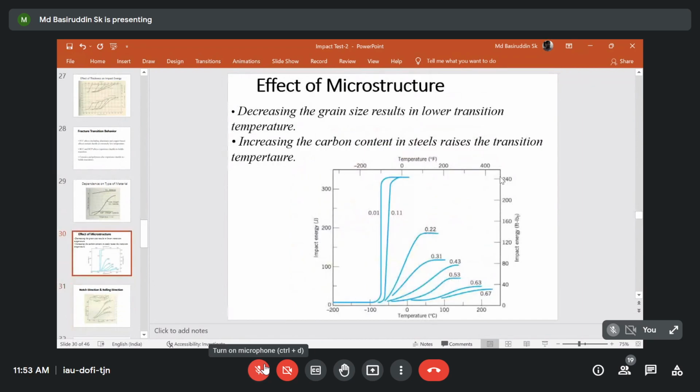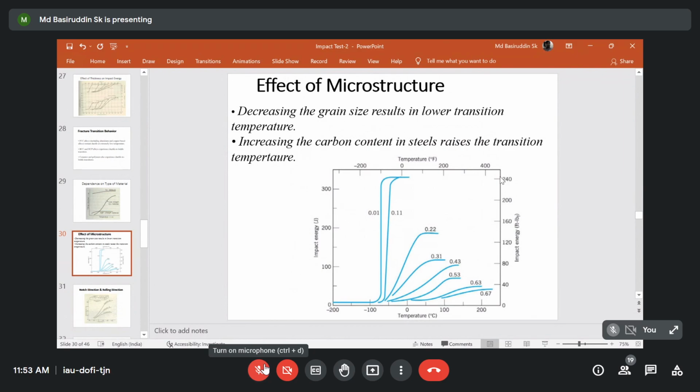Now, apart from material to material, these things can also vary with varying microstructural parameters. Steel contains different microstructures, aluminum and copper can also contain different microstructures, and alloys can also contain different microstructures.